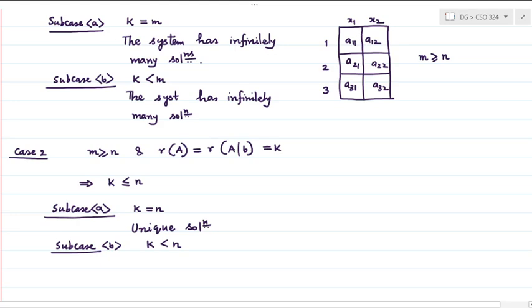If the matrix is 0, then we call it a 0 rank matrix, and if it has rank 1, then only one particular row is effective and the other two rows are just linearly dependent on the first row, and in that case obviously it will again have infinitely many solutions.